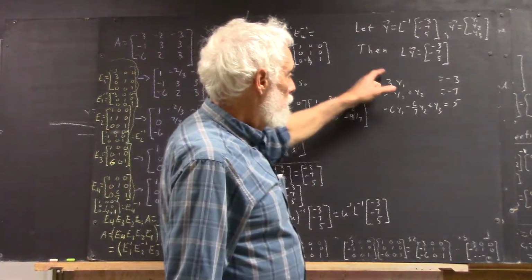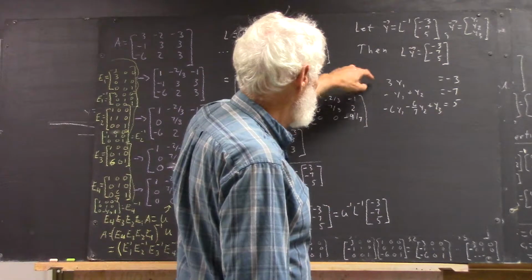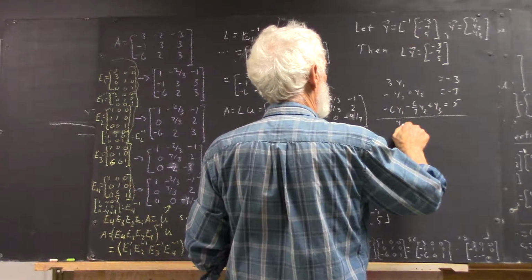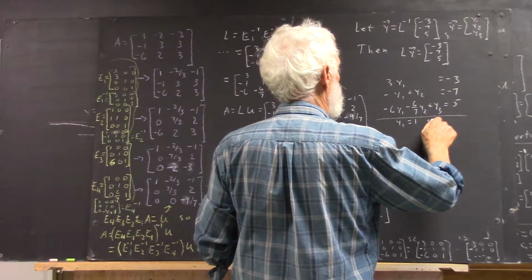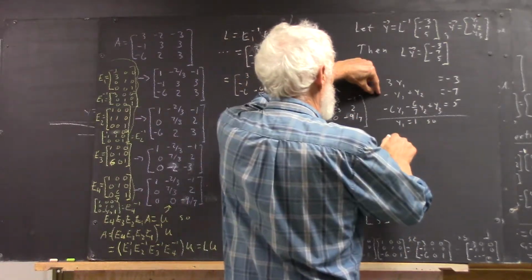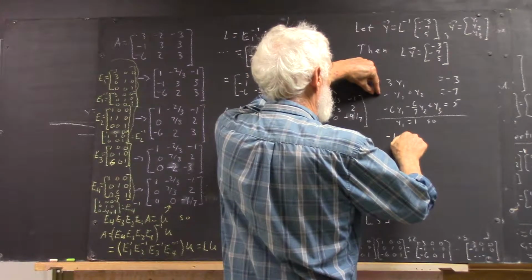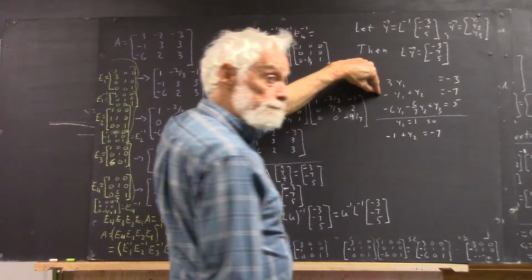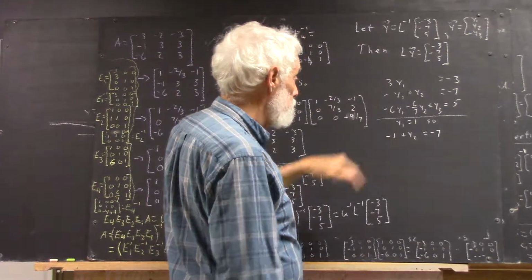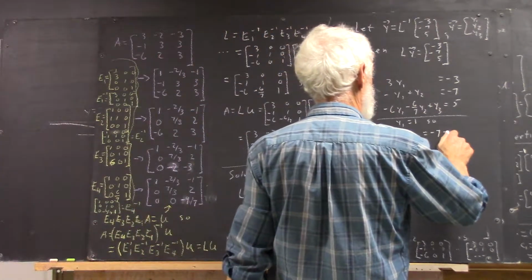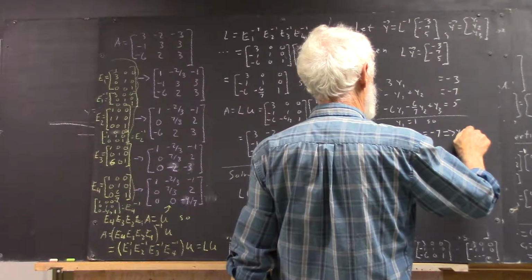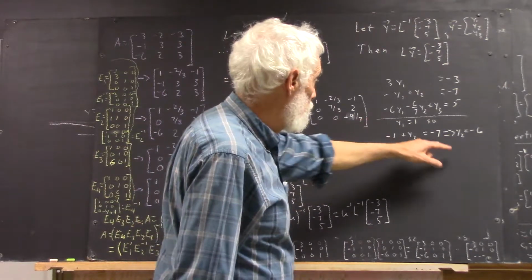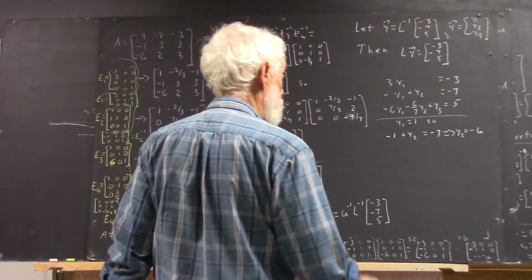Well, that can be solved by forward substitution. 3y1 equals -3, so y1 is -1. So we have 1 plus y2 equals -7, which implies that y2 equals -6. Now we know y1 and y2, we can plug into this equation.